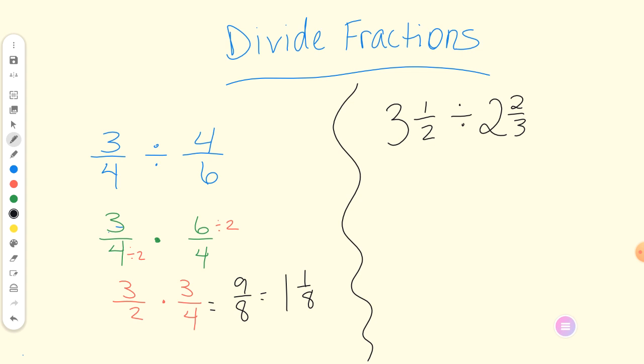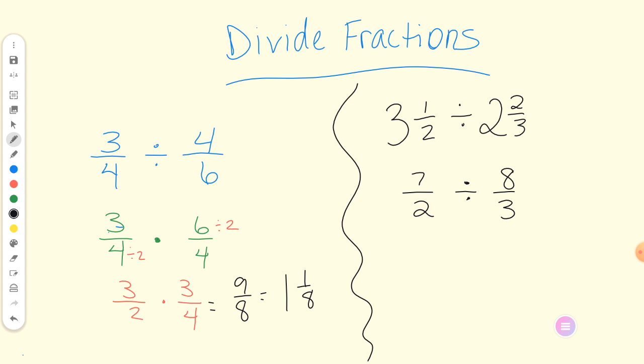So let's turn them into improper fractions. Madison, what is 3 and 1/2 as an improper fraction? 7 over 2. And all I'm doing is I'm just converting the mixed to improper, so I'm leaving it as a division sign. Cam, what is 2 and 2/3 as an improper fraction? 8/3. Okay, good job. 8/3.